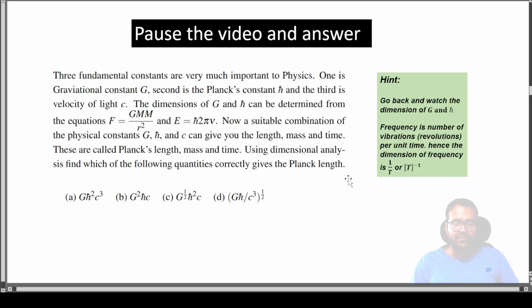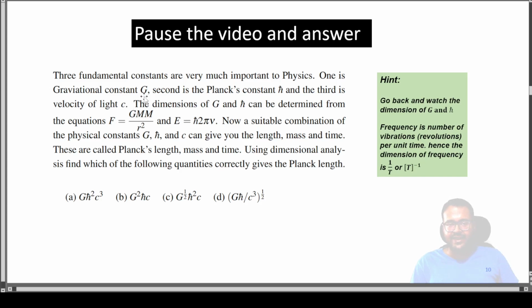You need to pause the video here, or after I explain a bit, then you need to answer it. The question tells you that three fundamental constants are very important to physics. One is G, one is h or h bar, whatever, and the third is the velocity of light.